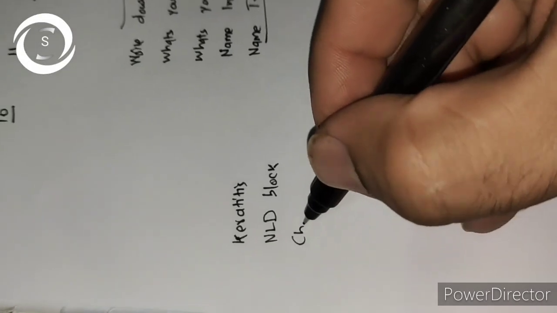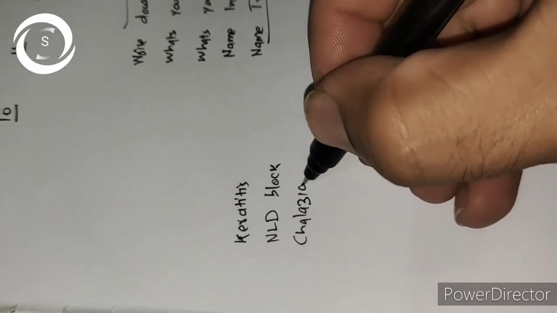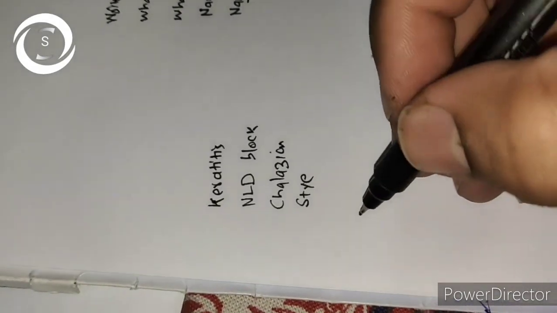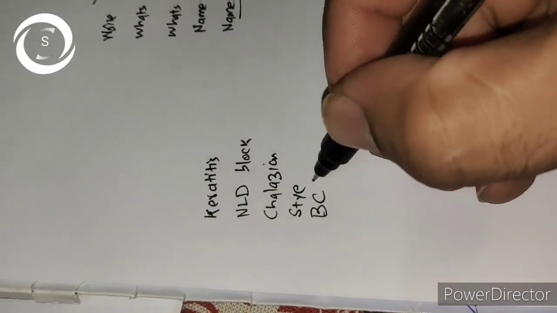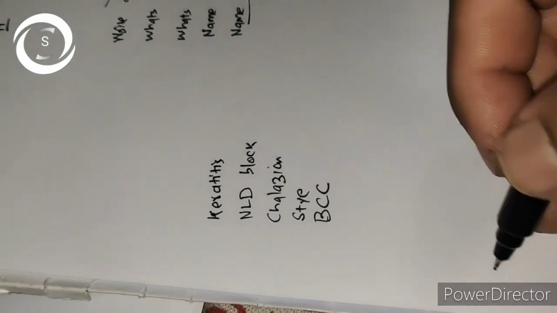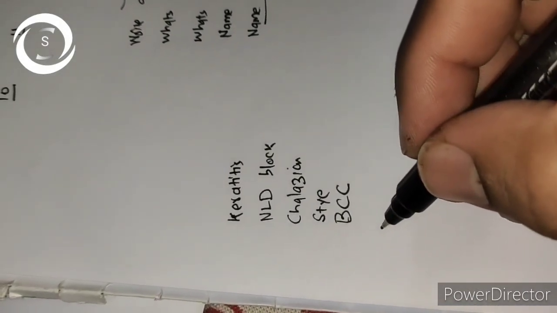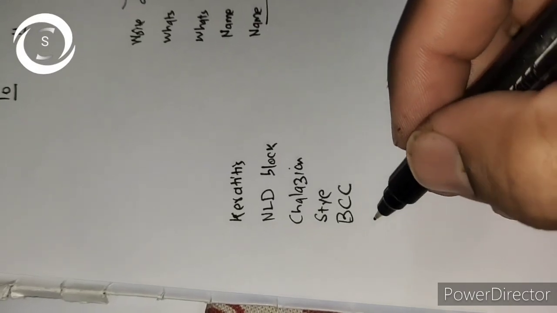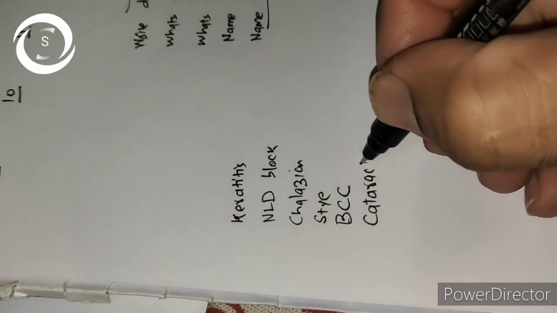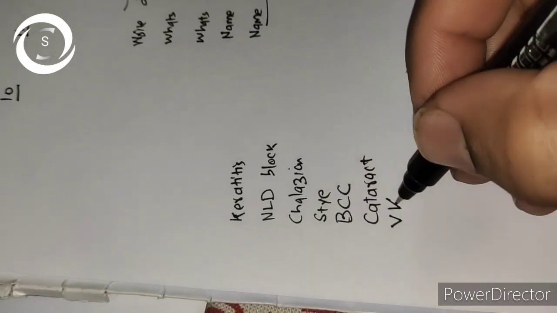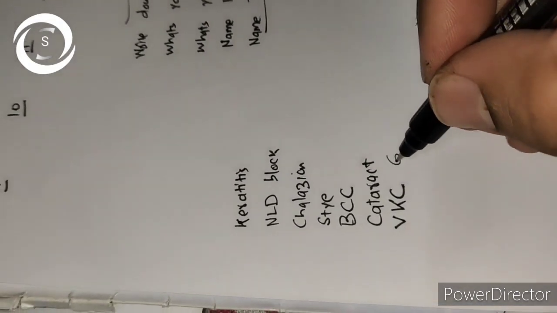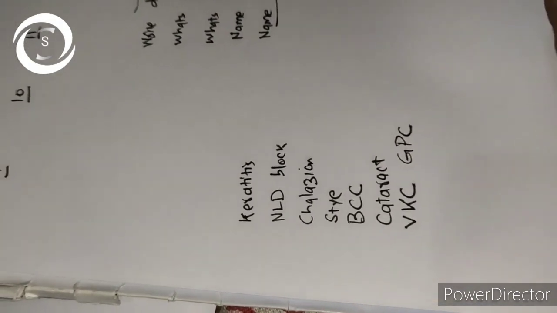You can have chalazion, stye. Then you can have basal cell carcinoma. You can have cataract. You can have VKC with giant papillary conjunctivitis.